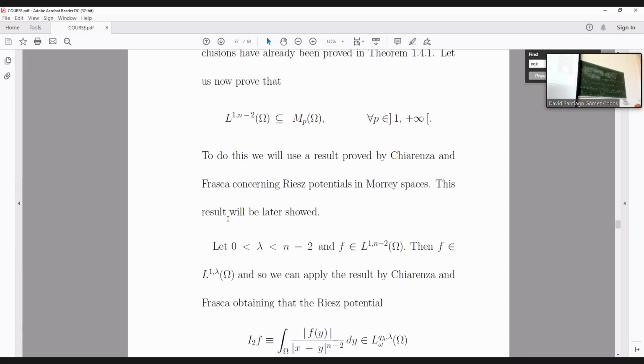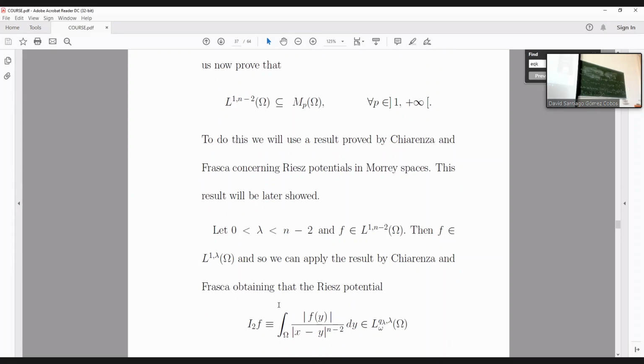What we have is that if lambda is between 0 and n minus 2, and f is in L^{1,lambda}, then we apply the following result: the Riesz potential is in a weak Morrey class. The details of this belonging of the Riesz potential in this weak Morrey space will be proved later.